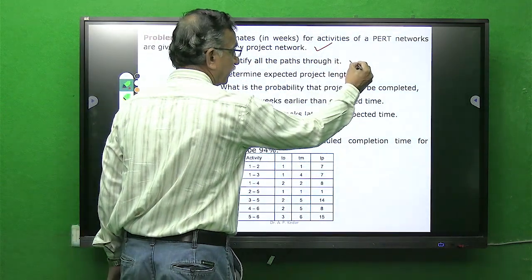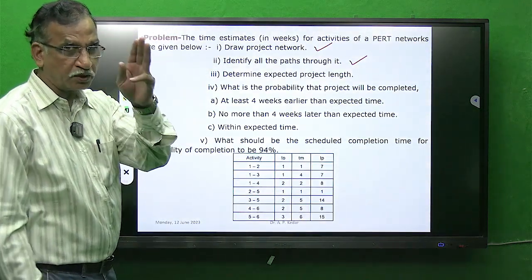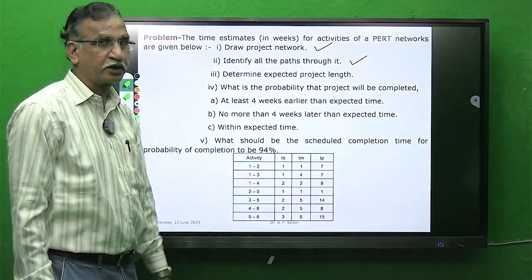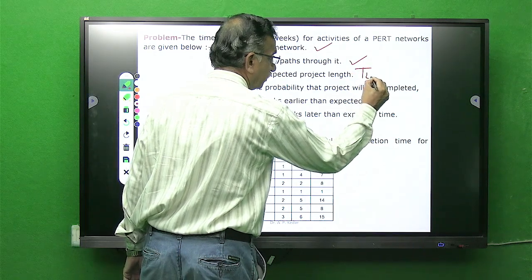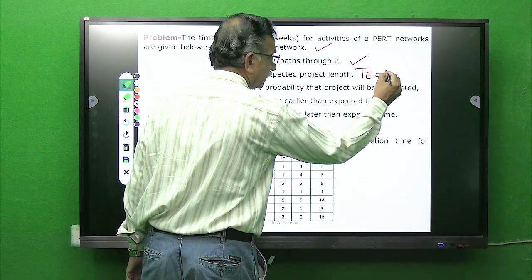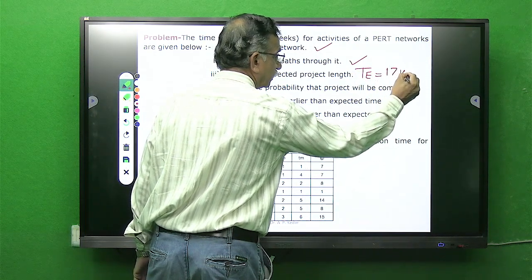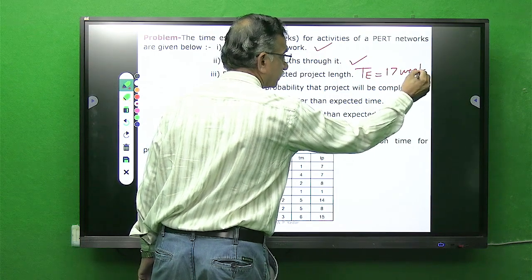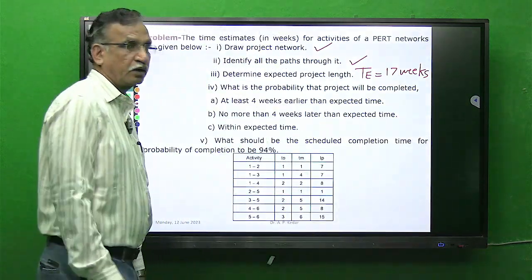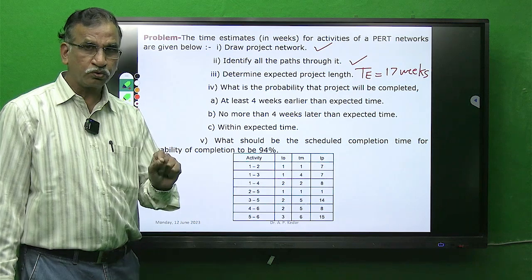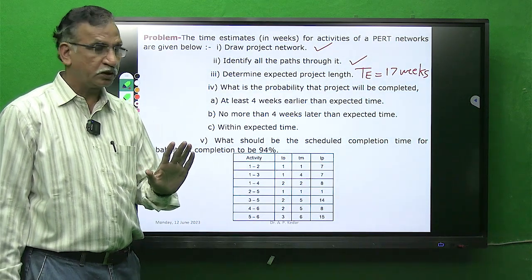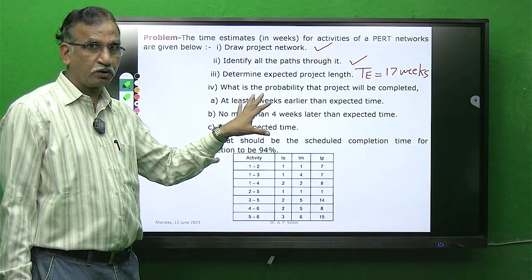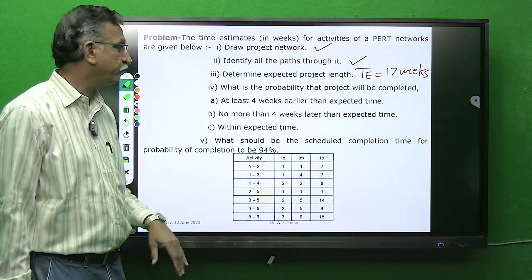We identified 3 paths in that particular network. Determine the expected project length. Yes, this TE we evaluated in the last lecture, and it was 17 weeks. Refer to my last lecture pertaining to the analysis of this PERT problem.